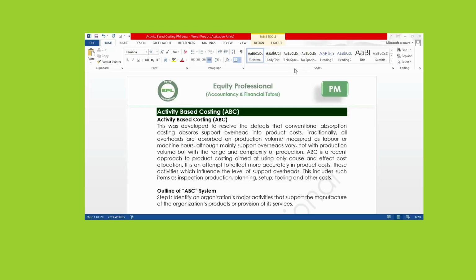You can divide cost. Cost can be divided into two: direct cost and indirect cost.